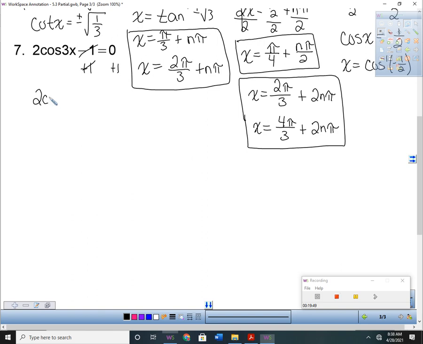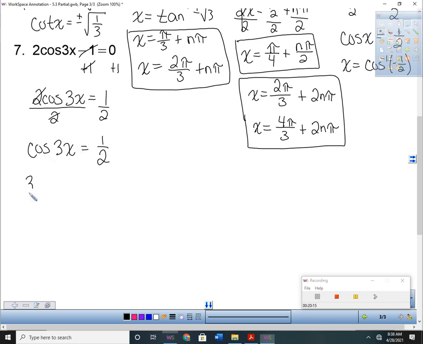So I have 2 cosine 3x is equal to 1. Then I'll divide by the 2. So I have cosine 3x is equal to 1/2. And now before I can divide by the 3, I have to get rid of the cosine.